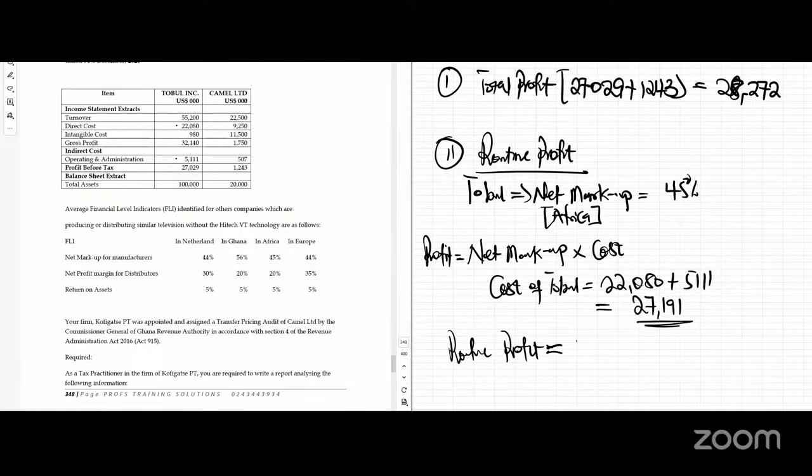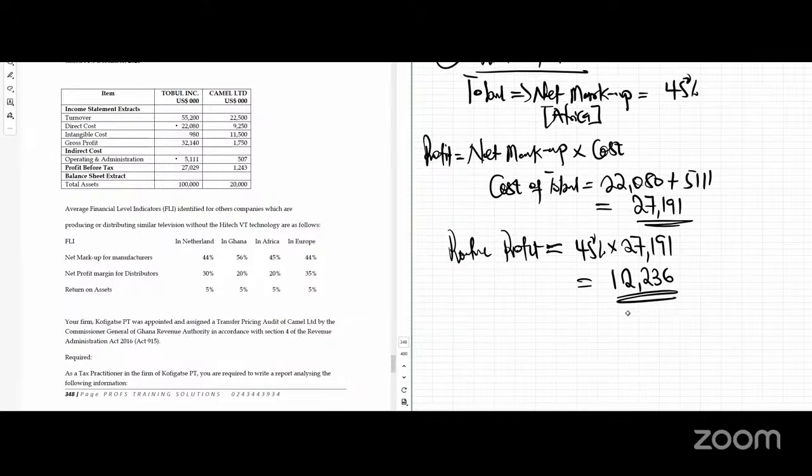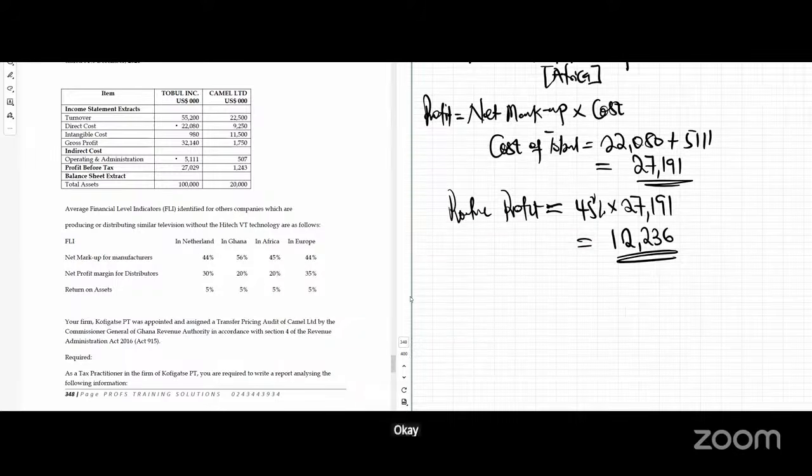That's taking our 45% of 27,191. And that's how much? 12,236. Okay, so that is it, right?